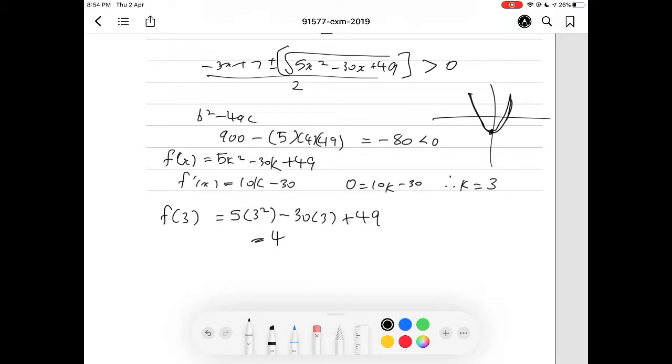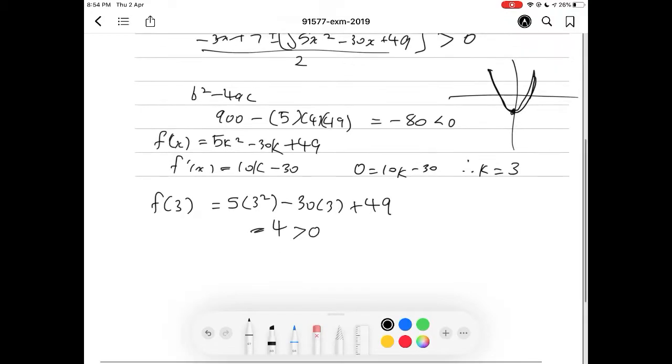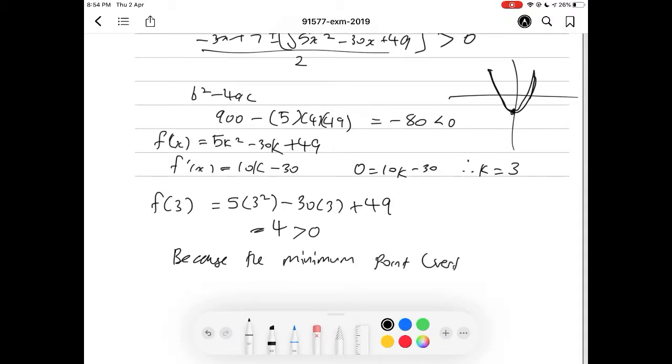That means the lowest point of this parabola is equal to 4, and therefore, because 4 is greater than 0, we can say something like this. Because the minimum point, or we can say the vertex of the parabola, is greater than 0.